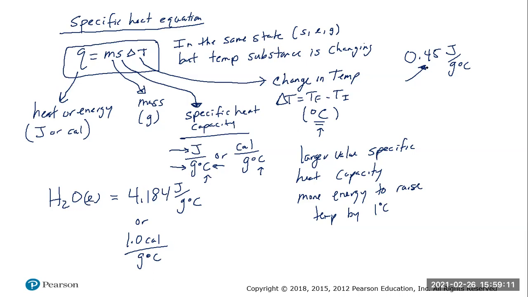And that's why there's a lot of concern, obviously, about rising water temperatures and stuff like that. So, when we look at specific heat capacity, we could use it to gauge how much energy is needed to change the temperature of a substance up or down. But again, we're still keeping that thing in the same state.